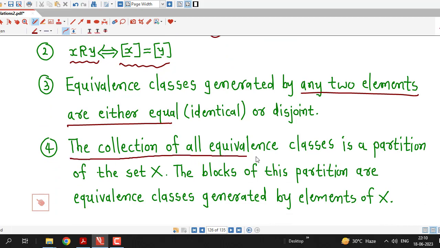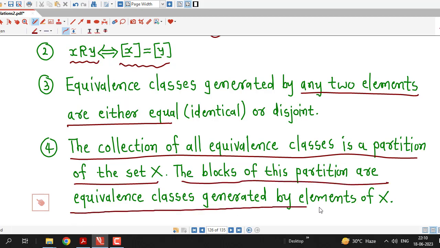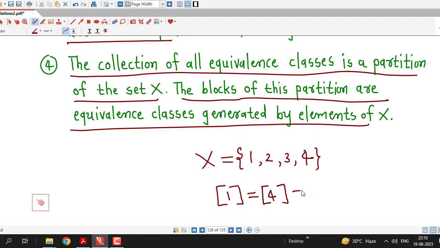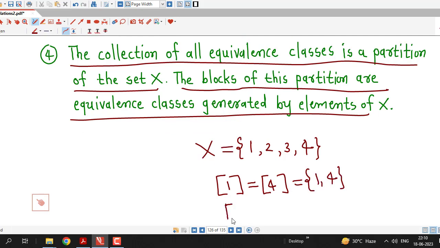The collection of all equivalence classes is a partition of the set X. The blocks of this partition are equivalence classes generated by elements of X. As in the example which we just discussed, the equivalence classes generated by 1 and 4 are equal, and they contain two elements, 1 and 4, and similarly the equivalence classes generated by 2 and 3 are also equal, and they have two elements, 2 and 3.